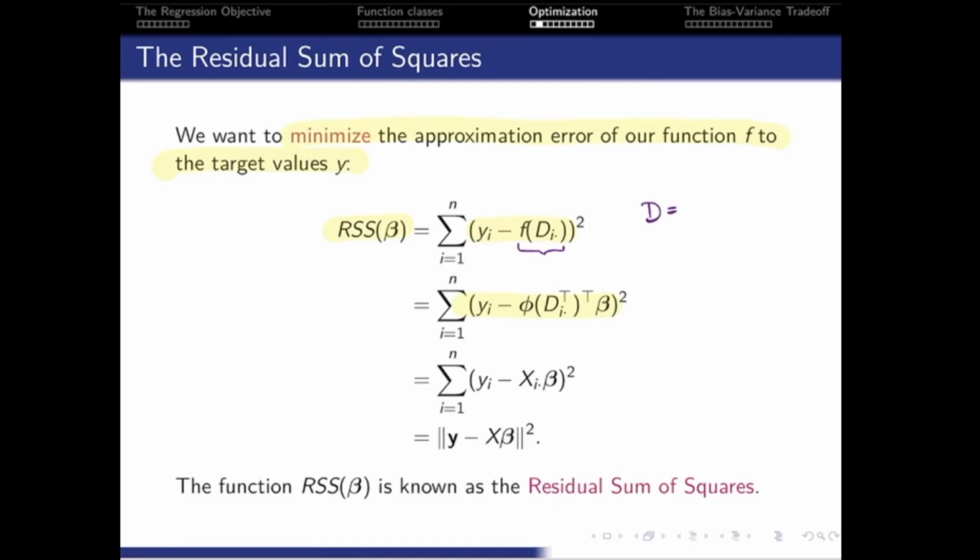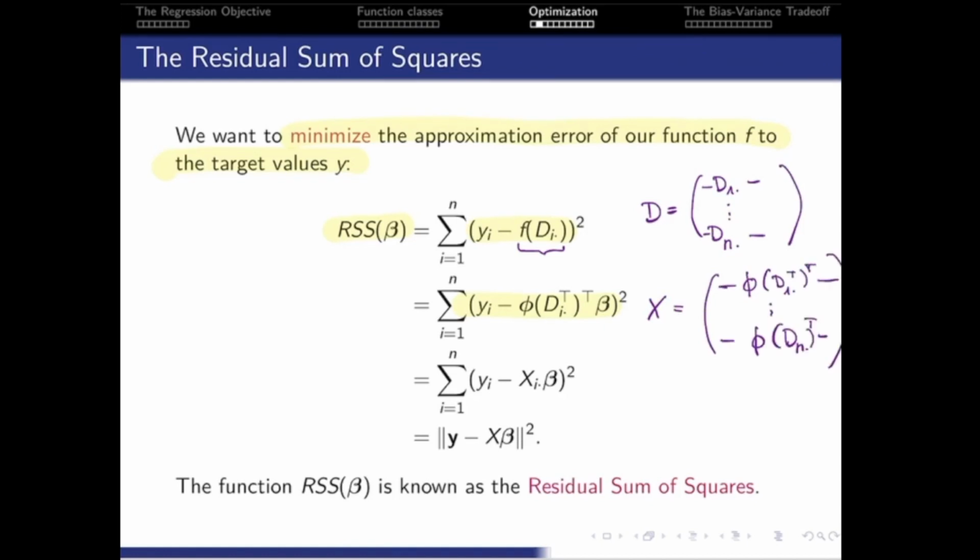So our original data matrix was looking like this. So we had here the observations as rows. And now what we do is we define our matrix X, which has the transformed observations phi as rows.